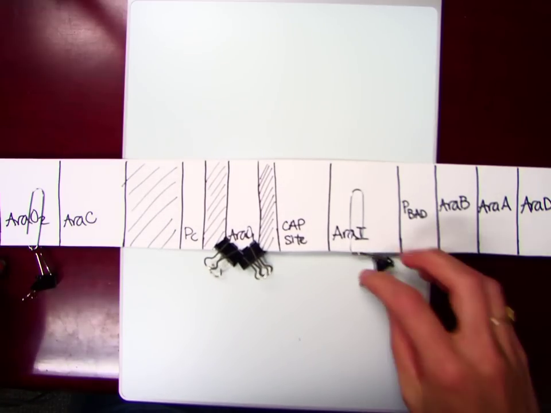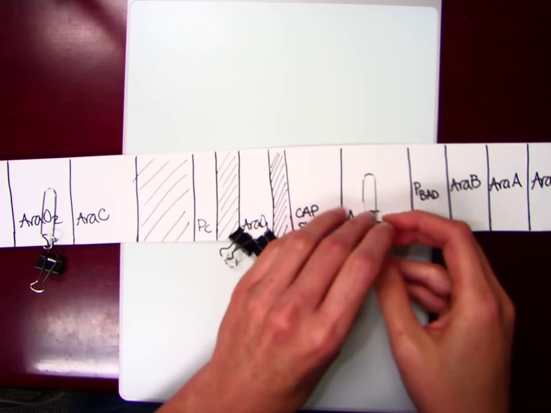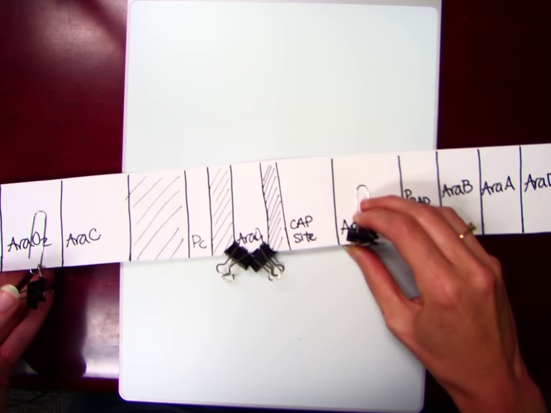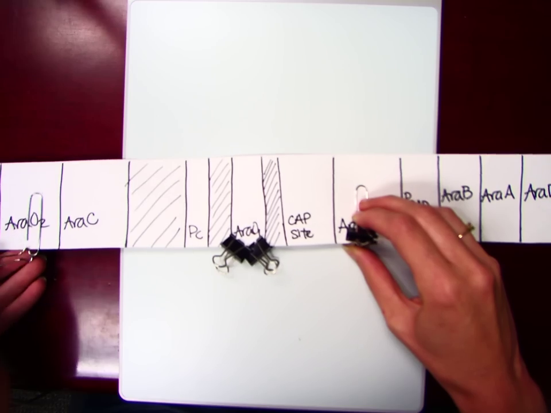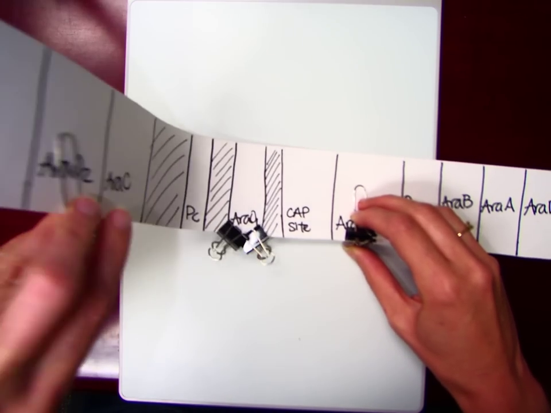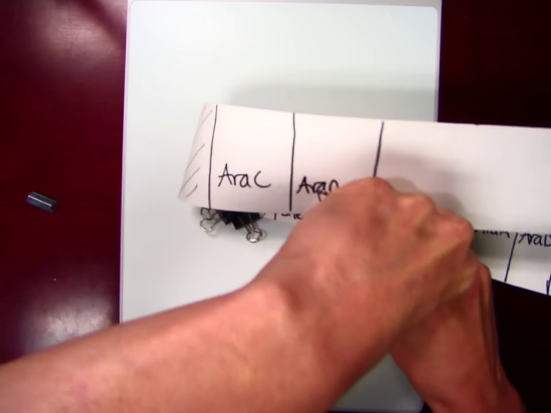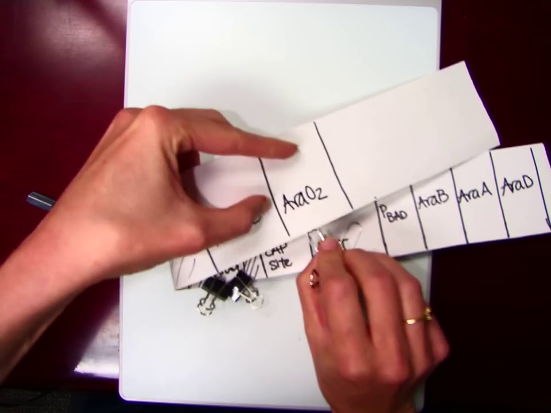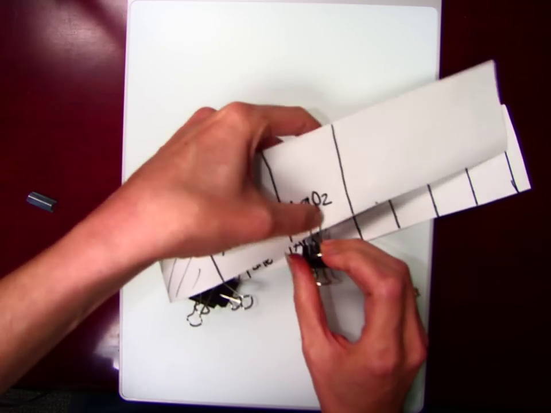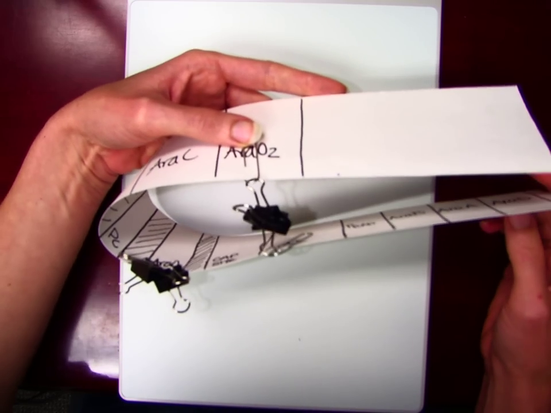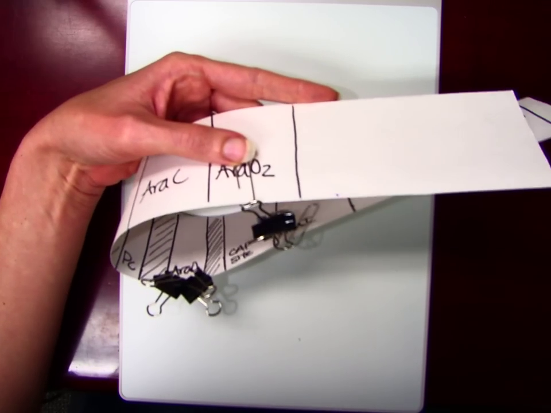Then these two are going to connect together, which happens when the DNA is folded around. Okay, so the DNA folds around, and then these two ARAC proteins are going to bind to each other to be a homodimer. And so they are keeping the DNA folded like this.